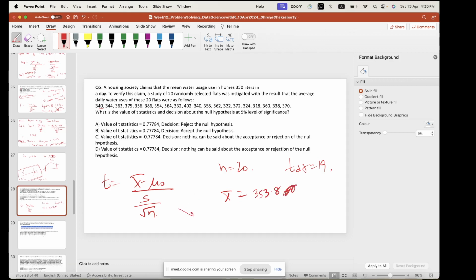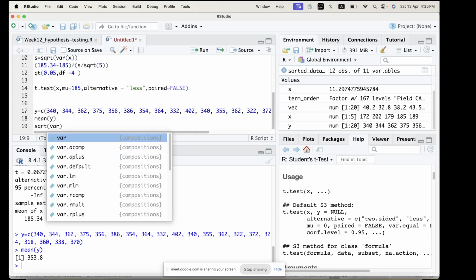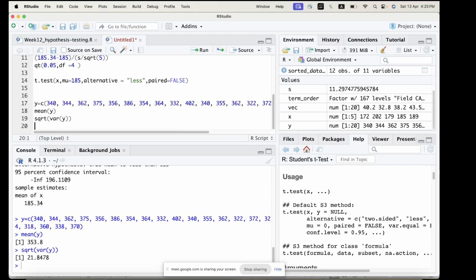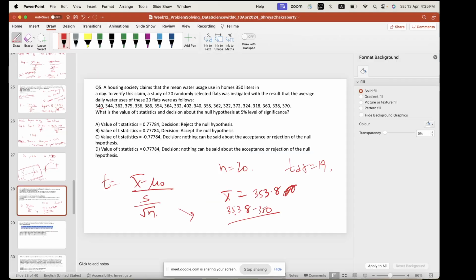So this would be 353.8 minus 350 by s by root n. S will be how much? Square root of variance of y, or you could rather write it as SD of y, same thing, 21.8478. So it will be 21.8478 by root over 20.